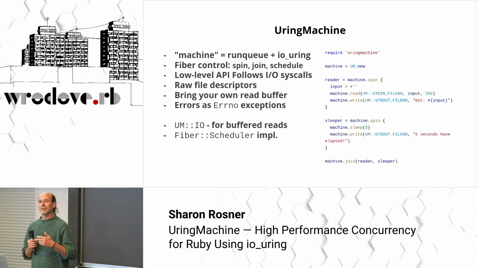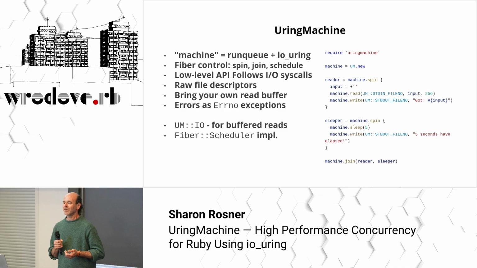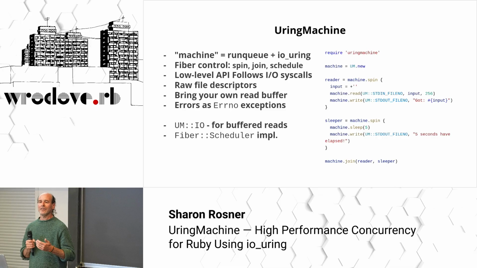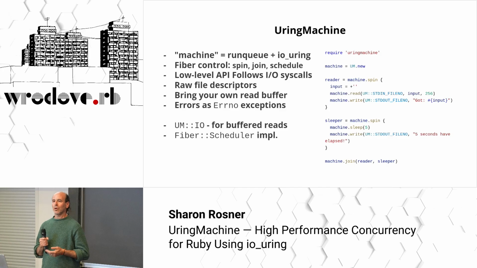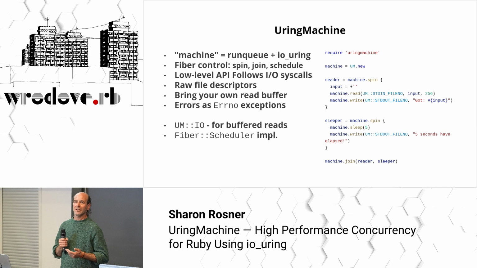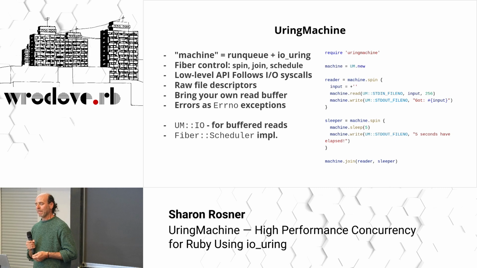It has different methods for controlling the lifetime of fibers, and it provides a low-level API that follows more or less the normal system call IO interface. We work with raw file descriptors, and we also work with buffers that the application is supposed to provide for these method calls.